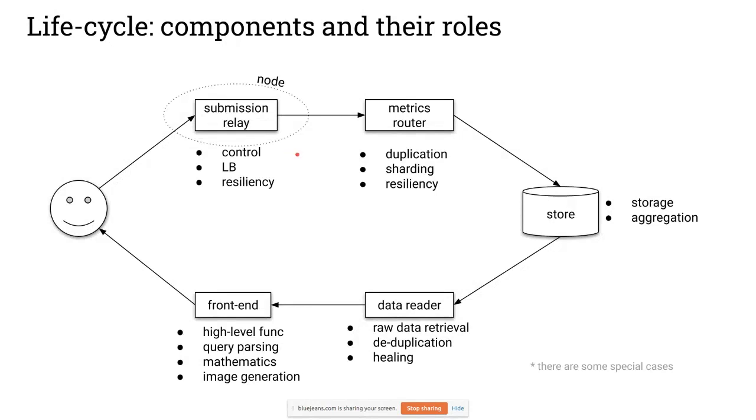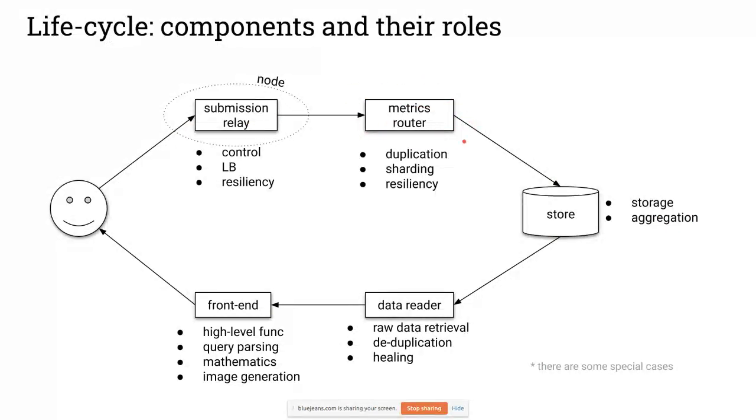So, first level of control over the routing and filtering. They also perform the load balancing to the next level of the router. They also guarantee resiliency, specifically how I will explain later when we get into more detail. So making sure that when these second level routers go down, we switch to another one.